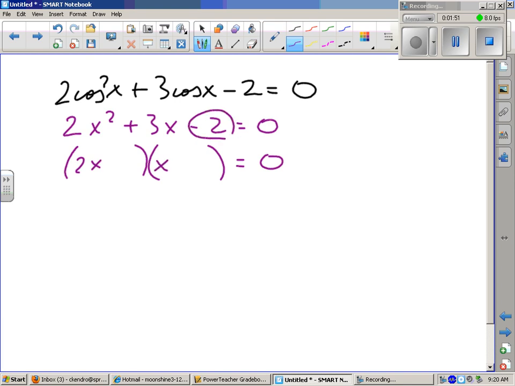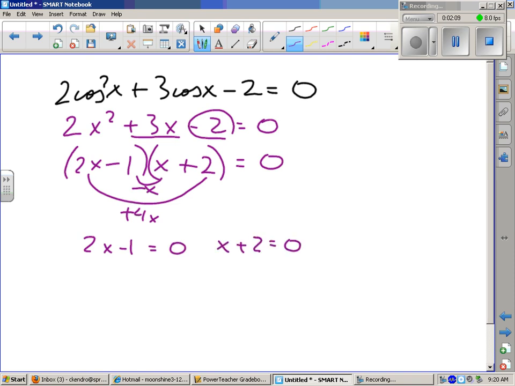This negative 2 I'm going to put in as a 2 and a 1. The outside is 4x, the inside is x. Together I need it to make 3x, so I need this plus and that minus. And I get 2x minus 1 equals 0, and x plus 2 equals 0. And we just keep solving. Bring the 1 over, divide by 2. Bring the 2 over. So that would be the solution in algebra.